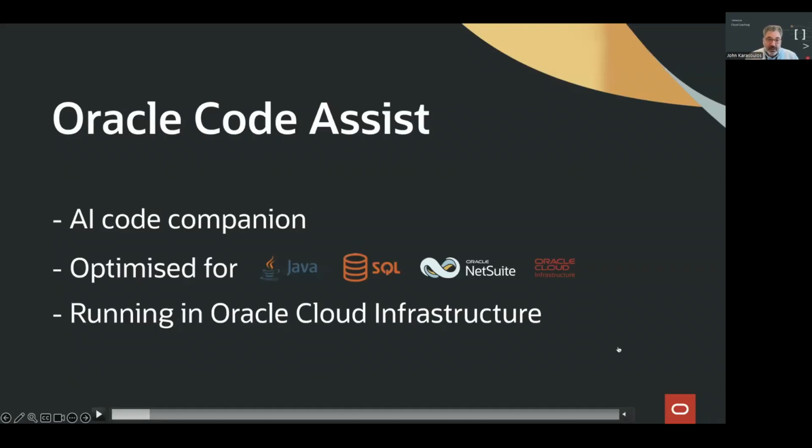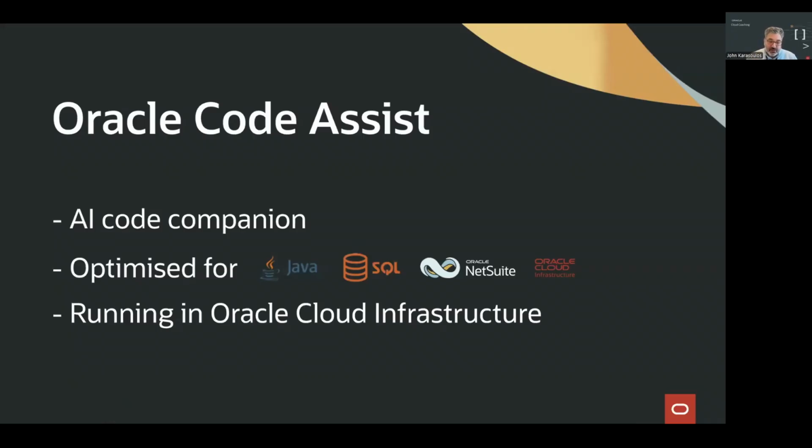In a nutshell, Code Assist is an AI code companion that is offered currently in the form of a plugin that is enclosed inside of currently two of the most common and used IDE tools, namely IntelliJ and Visual Studio Code, VS Code.